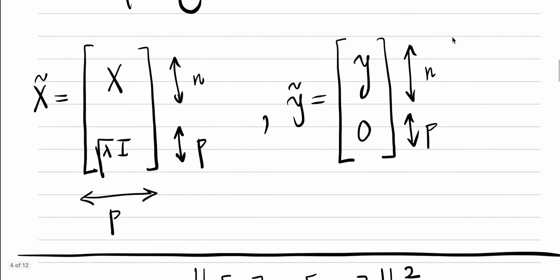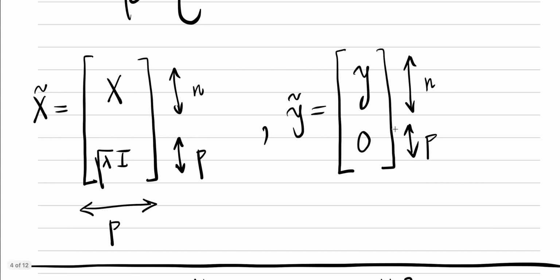The key is to define these two new quantities, x tilde and y tilde. We put this matrix X here, so we have this block matrix.